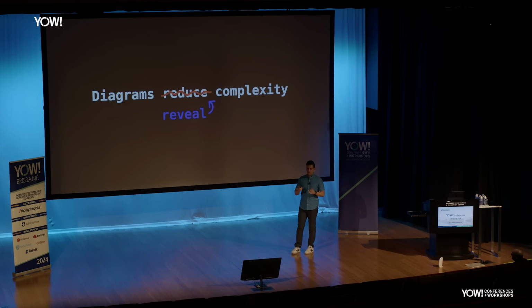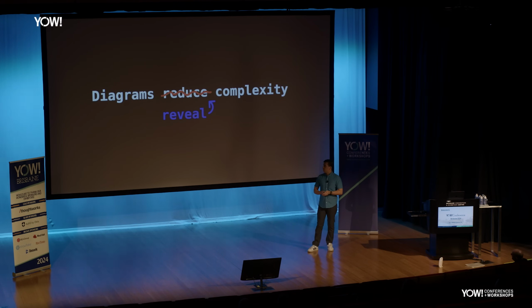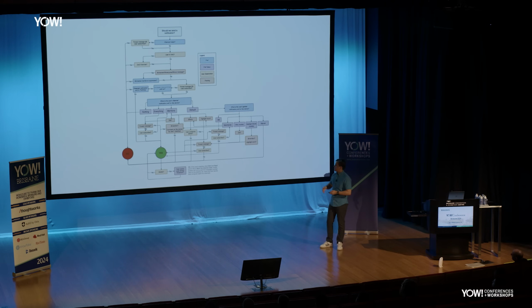The truth is, diagrams actually reveal complexity, and with this, it's actually sort of a feature, not a bug, where diagrams just show you all of the parts interacting with each other, but that doesn't mean that diagrams necessarily have to be complex. Take this famous one from Slack. I'm sure some of you have seen this before, right?